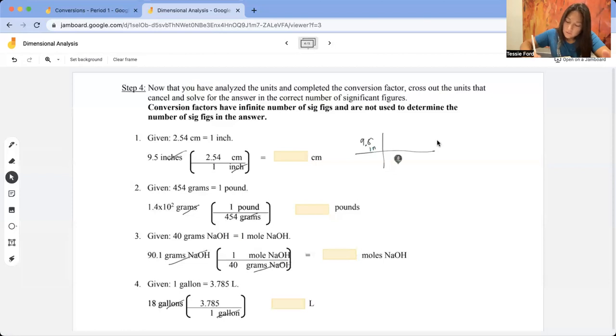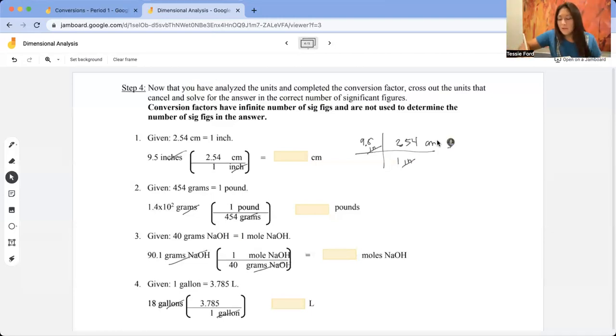And 1 inch, and then 2.54 centimeters. Okay, so again, the inches cancel.